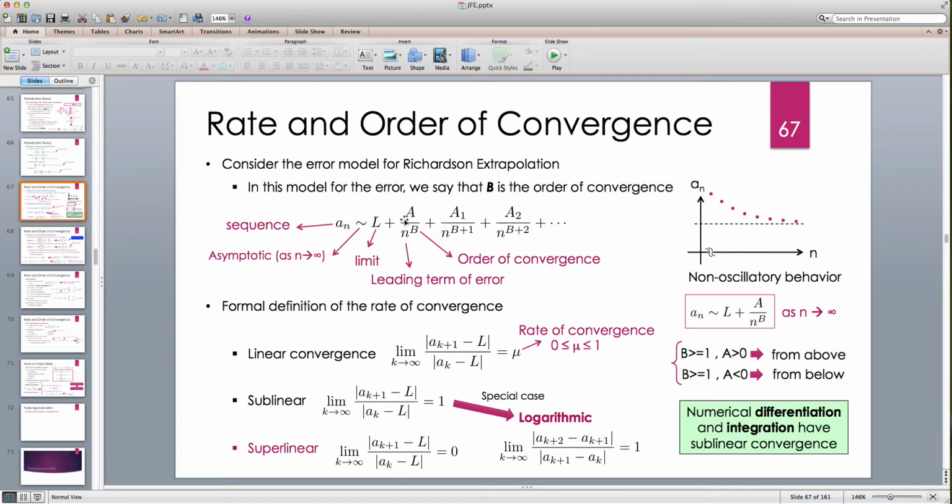Regardless of what this number a is. Therefore, sequences with this behavior are always sublinear. And again, that's why I'm saying that numerical differentiation and integration have sublinear convergence, because they typically follow this error model, and this error model is always sublinear.